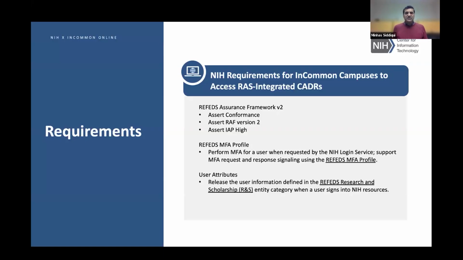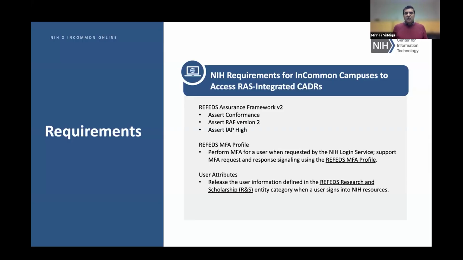Campuses must assert overall conformance with RAF version 2, explicitly assert RAF version 2, assert IAP high, which indicates strong identity proofing. This tells NIH that the campus has high confidence in the researcher's real-world identity.